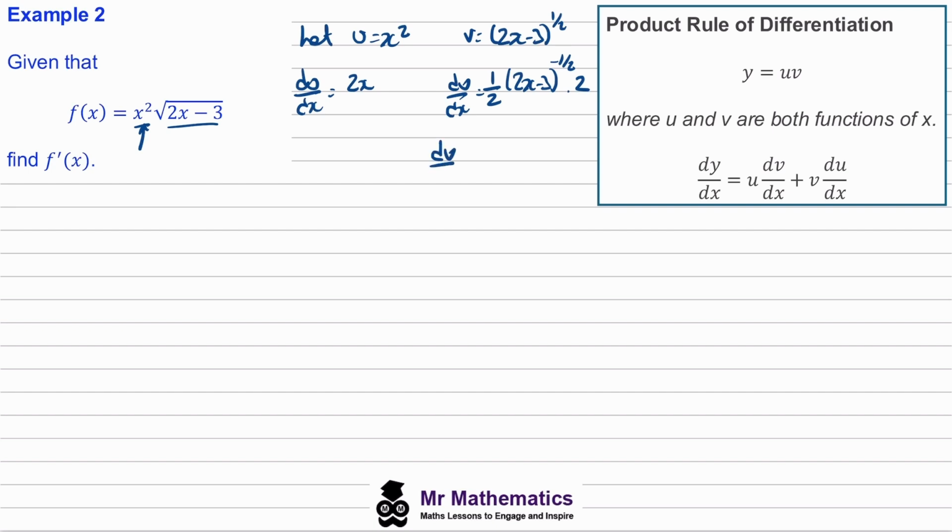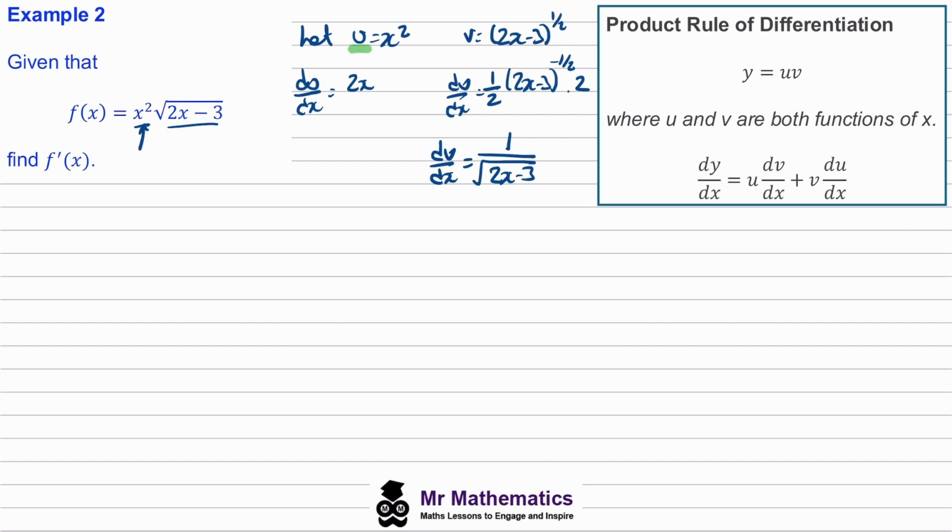We can tidy this up, so dv by dx, this half and this 2 will cancel. The negative will give us 1 over 2x minus 3 to the half, or square rooted.